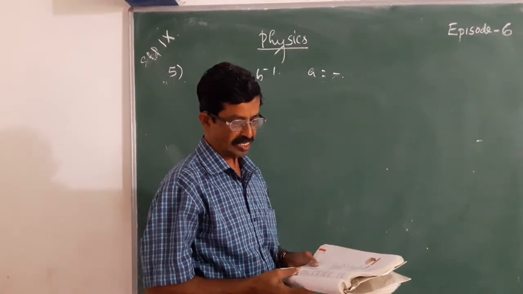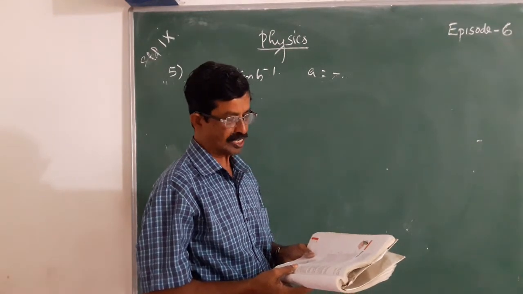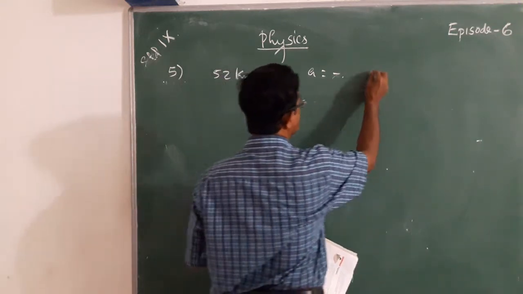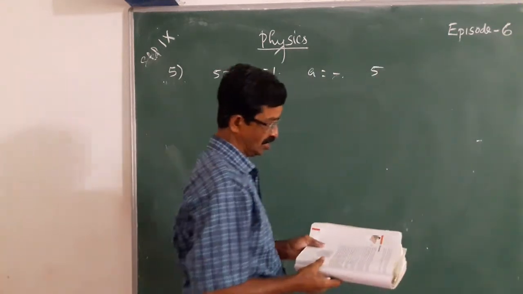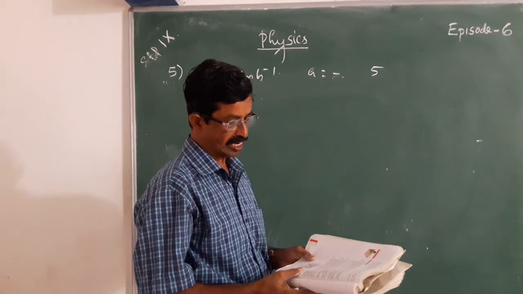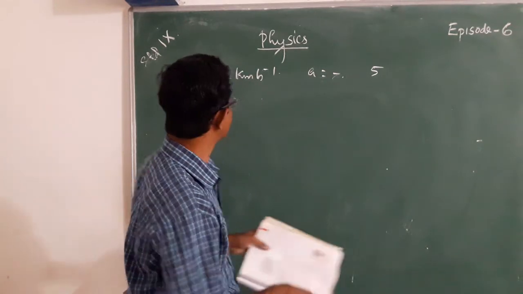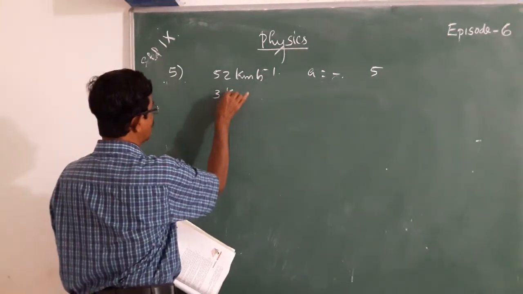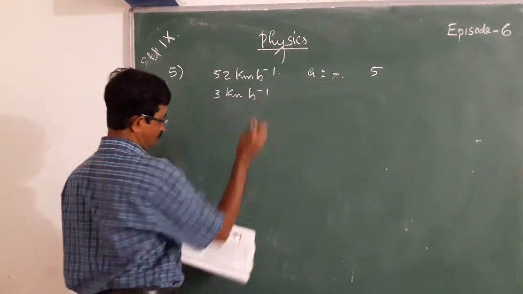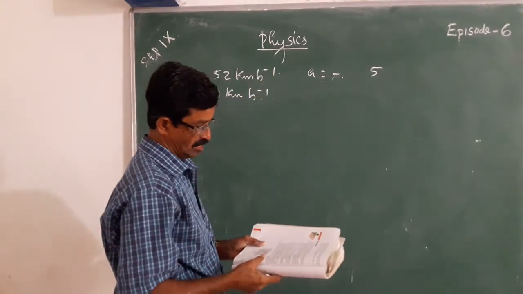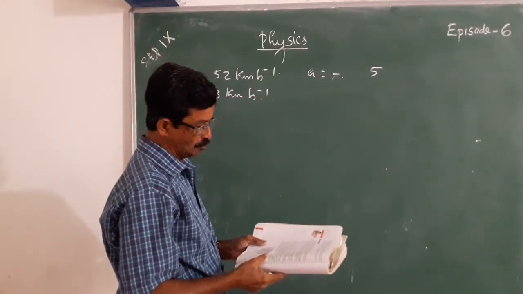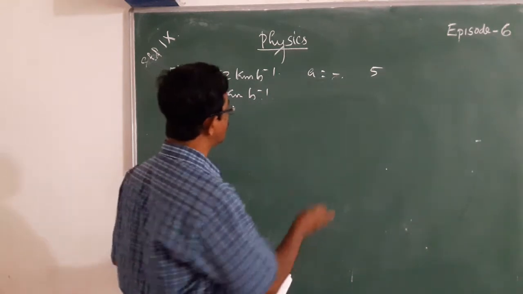The car stops in 5 seconds. That means within 5 seconds the car stops. Another car going at 3 km per hour applies brakes slowly and stops in 10 seconds.